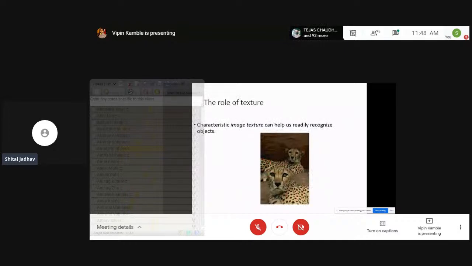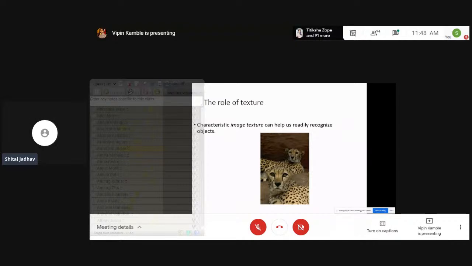Now in this image, even if I provide a small part of the image, you will easily be able to recognize that yes, the image belongs to one of the members of the cat family. It is not even difficult because you can see that yes, it is a cheetah, but the spots are different for jaguar, cheetah, leopard.